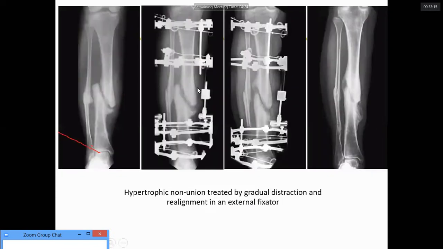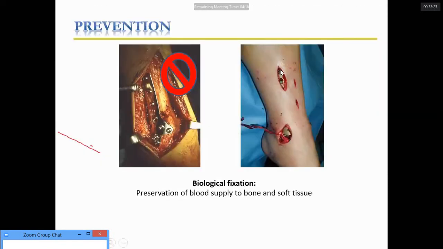Okay. Similarly, the fracture being united by use of a hybrid external fixator, Ilizarov external fixator. So these are some of the examples. So how do we prevent a non-union? You should go for as biological a fixation as possible. You do not do such a massive surgery. You give minimal stab incisions and you slide the plate and you do fixation.